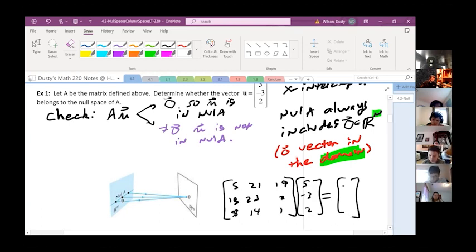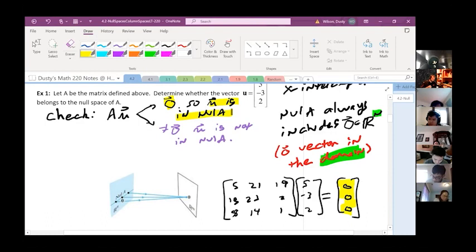Are they all 0? 0 for the first entry. 0 for the second entry. And the third is 0 too. Sweet, we got 0 out the other end. That tells us that u is in the null space.